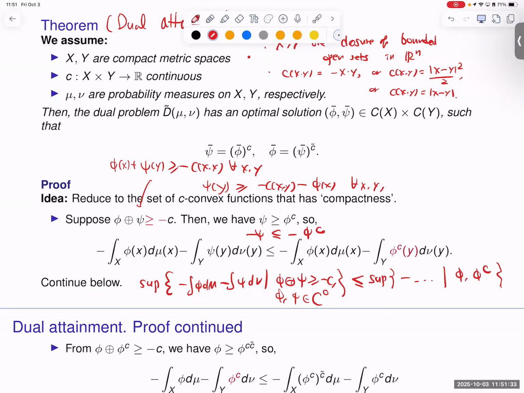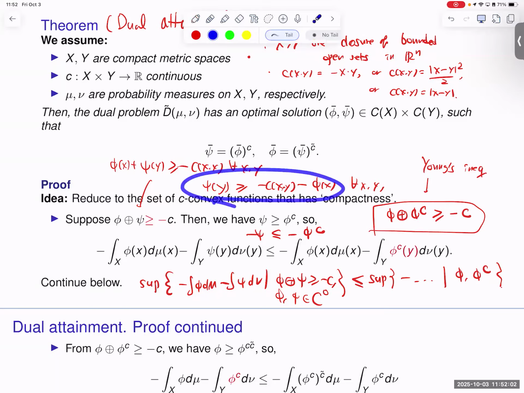But look, another thing you want to see is that phi plus phi C is always bigger than negative c, right? Am I making sense? This is always true. That is called Young's inequality, which is obvious to see just from this expression.